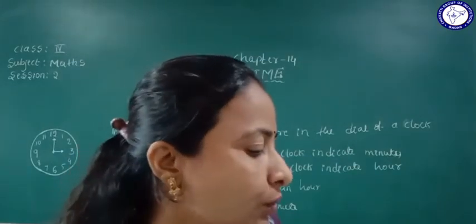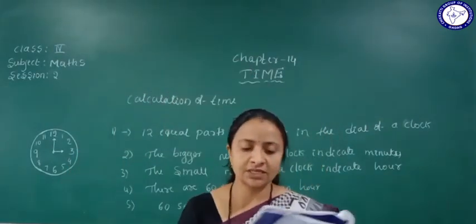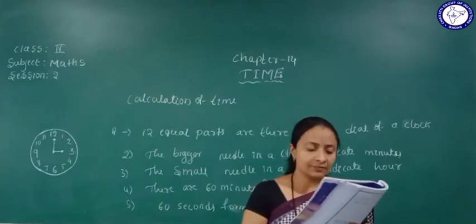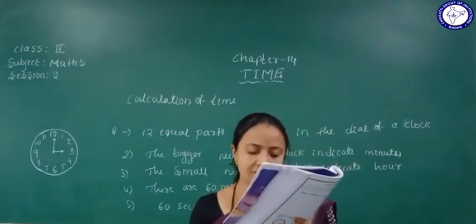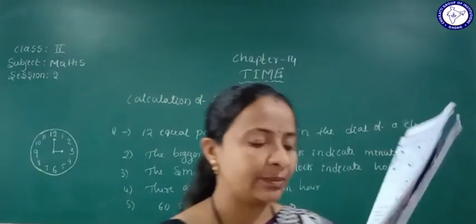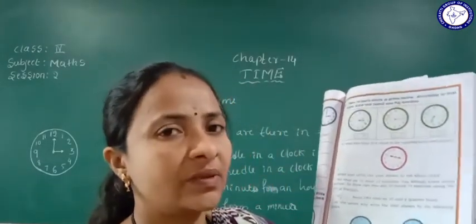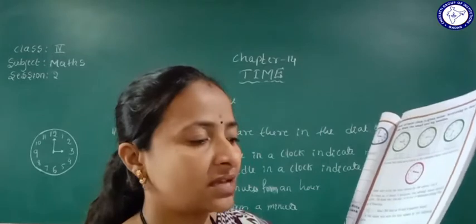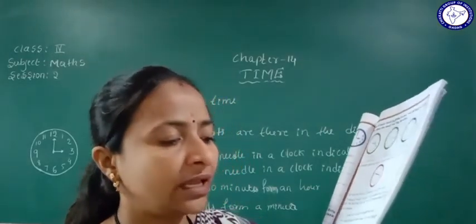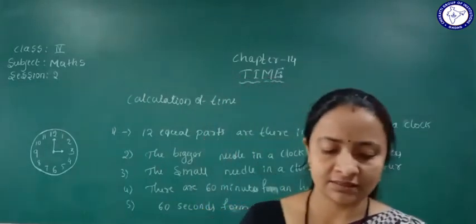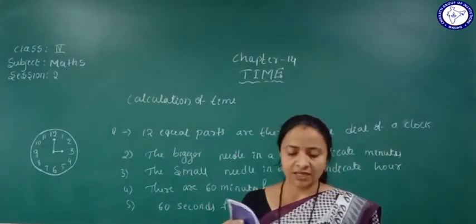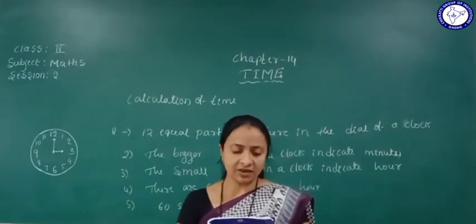Next, read the time in a clock to the nearest hour or minute. Here it is given 9:30. How will we read it? 9:30. Here it is given 7:45.